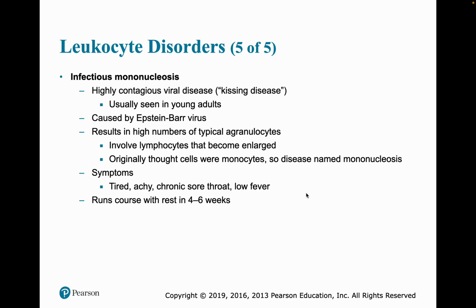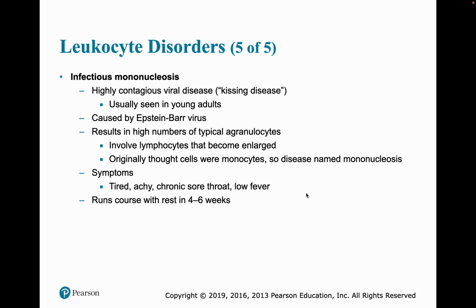Infectious mononucleosis is a contagious viral disease, sometimes called kissing disease, usually seen in young adults. It's actually caused by infection with the Epstein-Barr virus, and that infection leads to high numbers of agranulocytes, not typical agranulocytes.